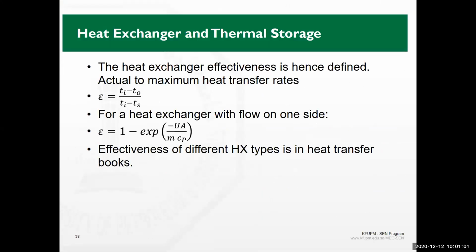And that's the expression of the effectiveness being given here. Effectiveness is Ti minus To over Ti minus Ts. Ti is the inlet temperature to the heat exchanger, coming from the solar collector. And this is leaving back to the solar collector, To. Ts is the storage medium temperature. Normally, the storage medium temperature is less than those.